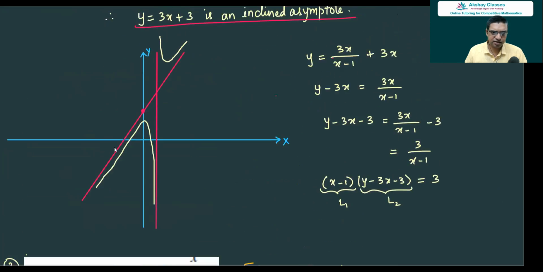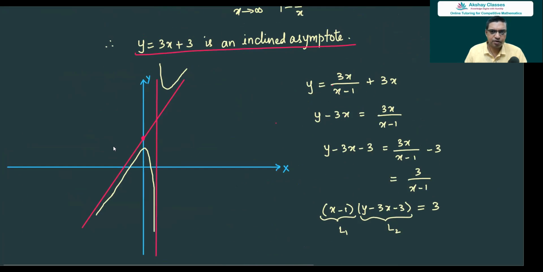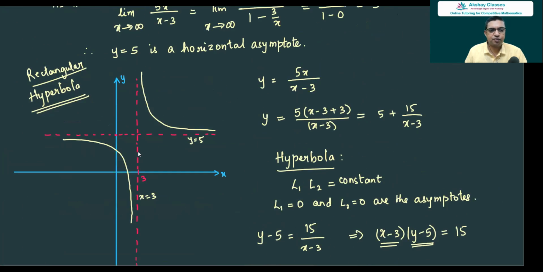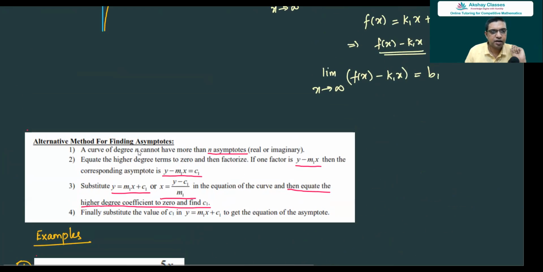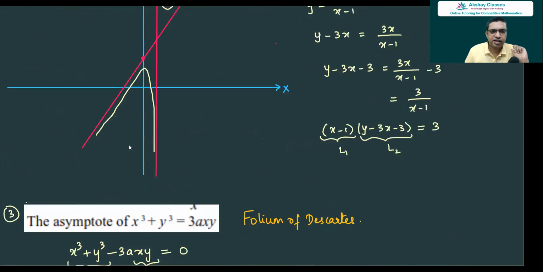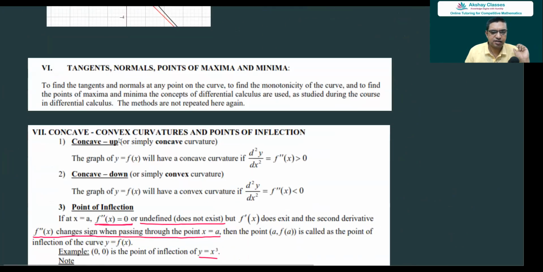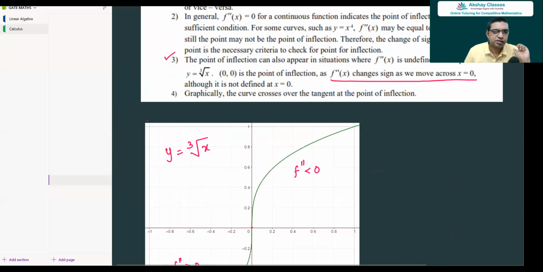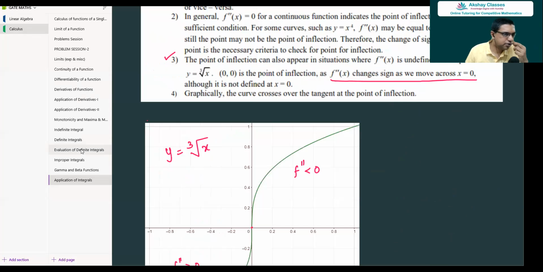But these concepts help us to have a grip of how the graphs of functions change. So with this, we finish curve tracing. These notes I've sent to you in our group yesterday. You can go through them.